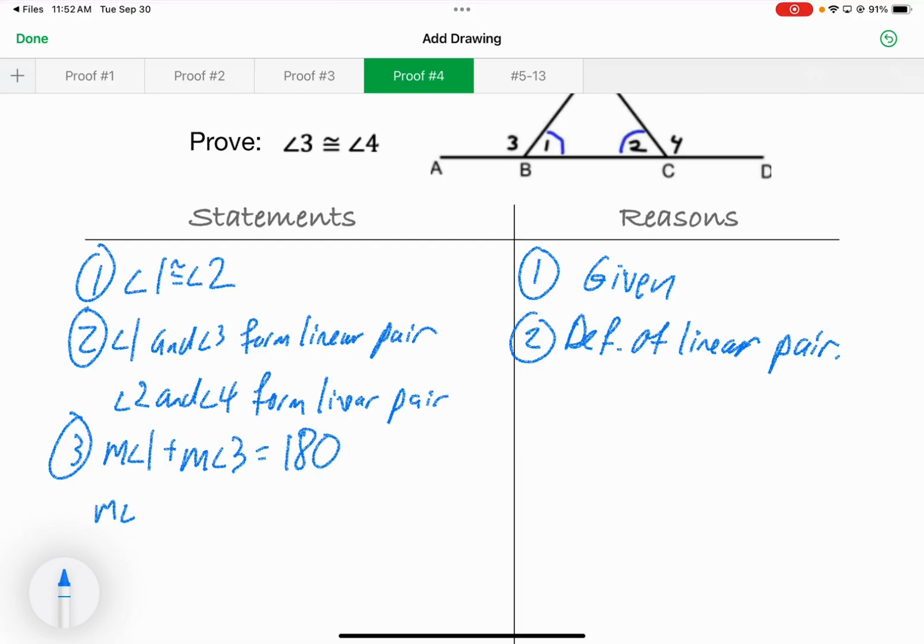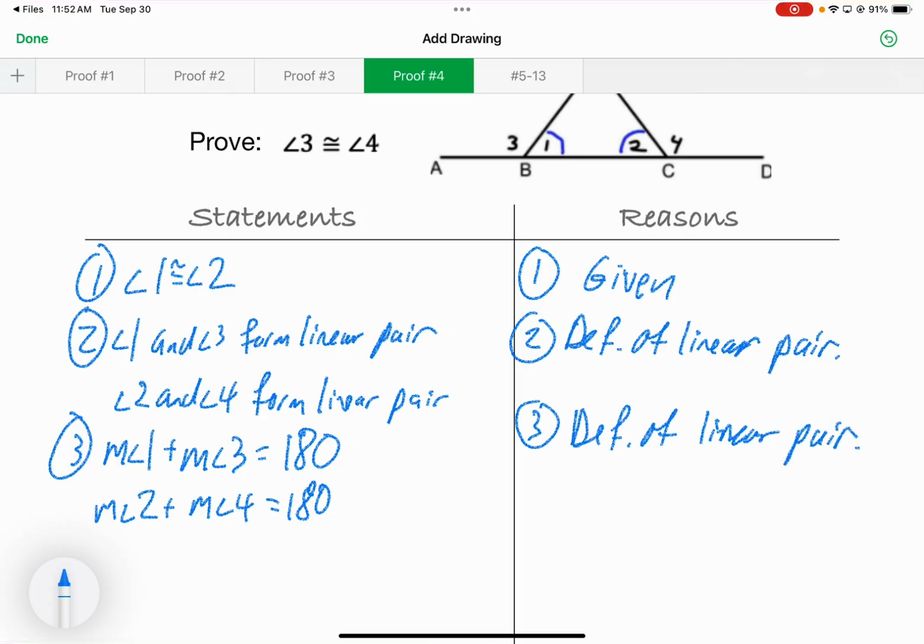And then measure of angle 2 plus measure of angle 4 equals 180. And then we can say definition of linear pair. I'd be fine with that instead of using definition of linear pair twice.